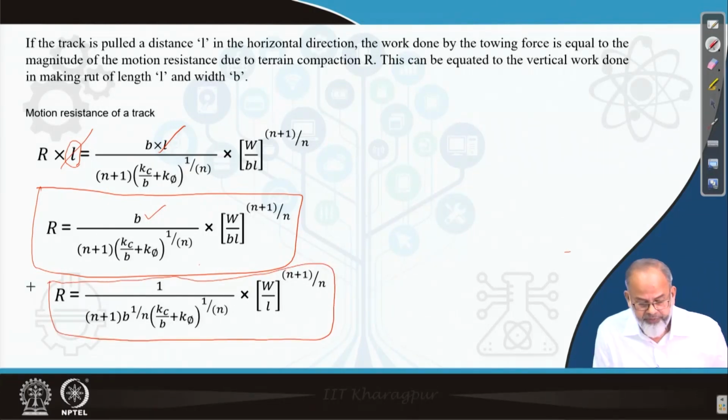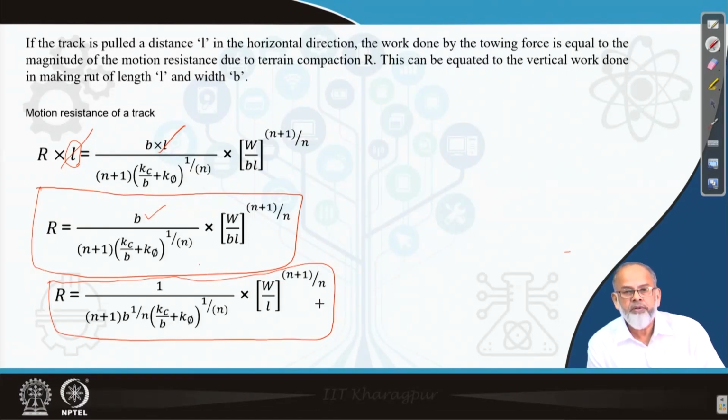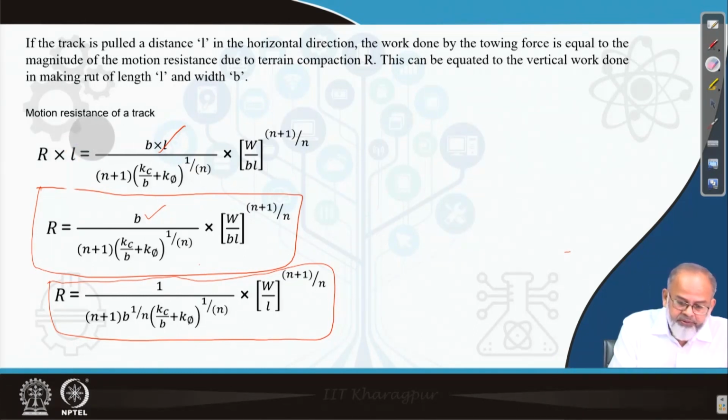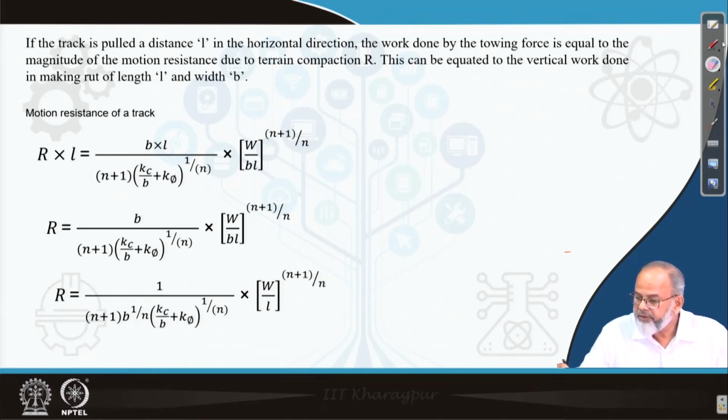Now it is for our own knowledge: the expression which you got for track, the expression for the rigid towed wheel, and the expression for the pneumatic wheel, how are they different or how are they similar. So to verify that, I will now try to compare and find out what is the difference existing there.